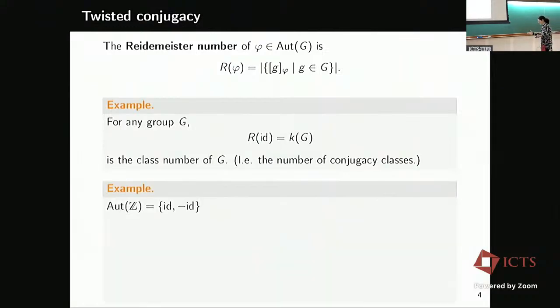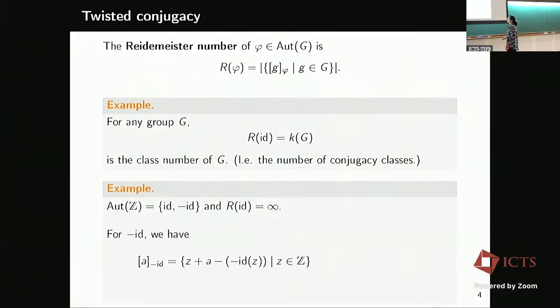The standard example, if you've seen a talk about twisted conjugacy, you've probably seen before: Z has precisely two automorphisms, the identity and minus identity. We know there are infinitely many conjugacy classes, so the Reidemeister number of the identity is infinite.